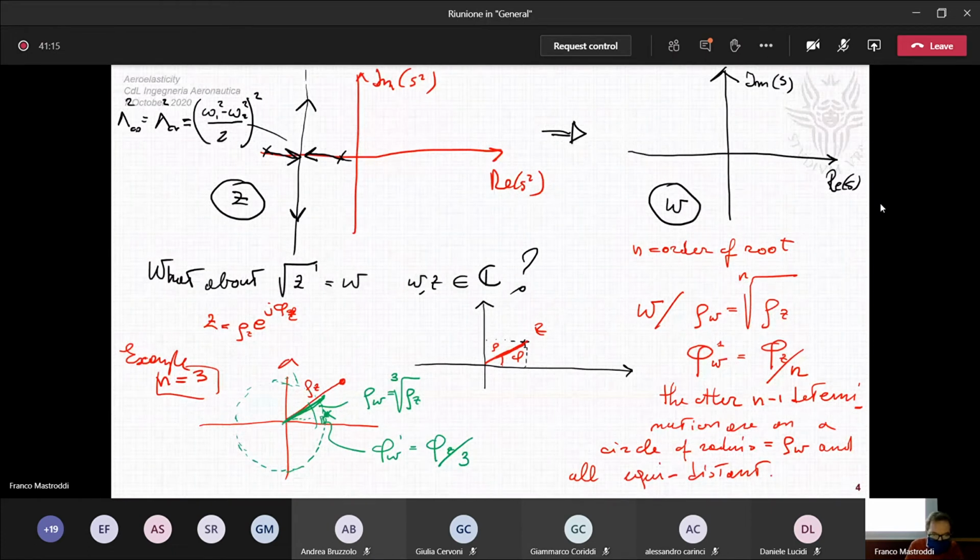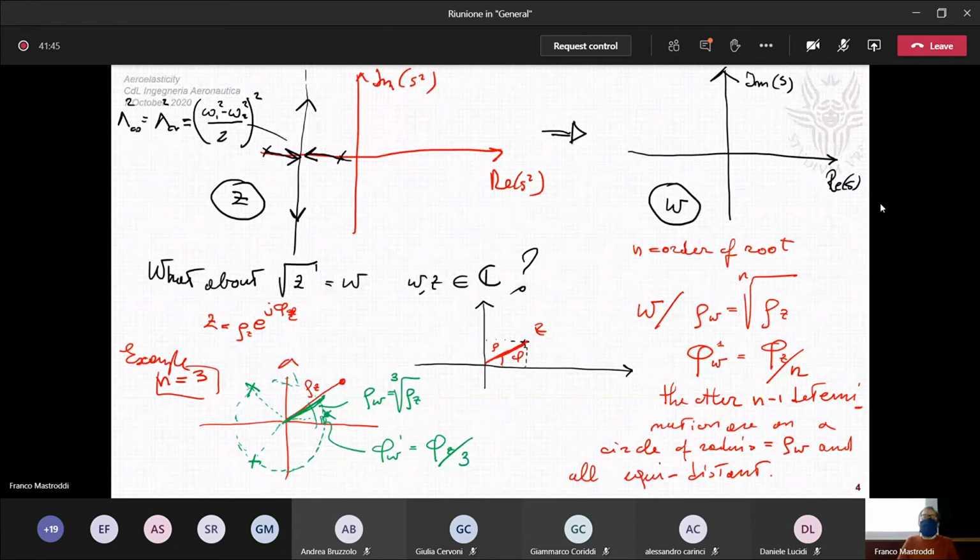So take the other two, considering a 120-degree angle. And the other roots are one here and one here. So these green crossed quantities are the result of the cubic root applied to a complex number. Okay?